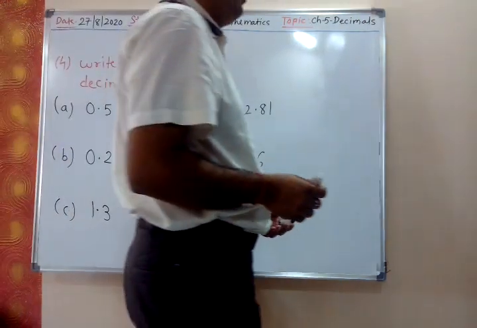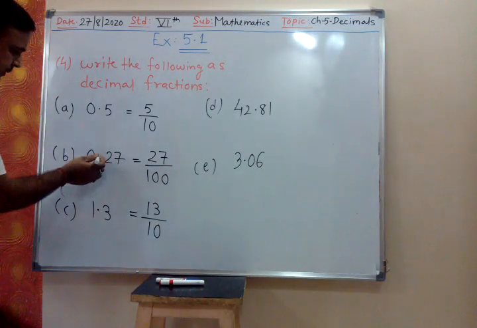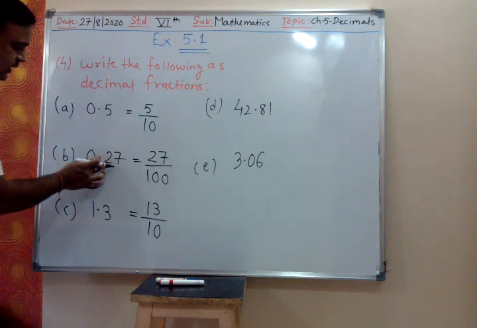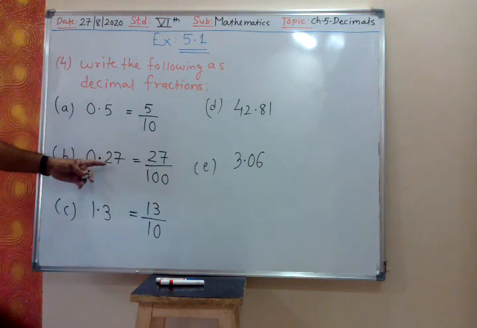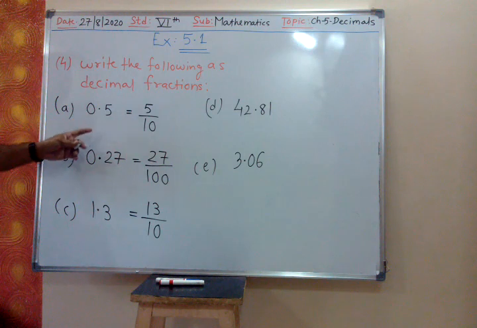After this decimal there are how many digits? 1, 2. So after decimal there are two digits.